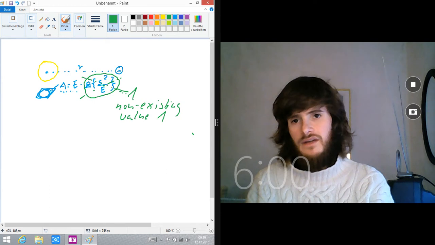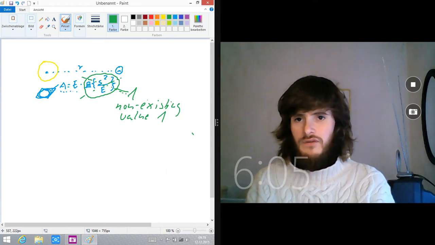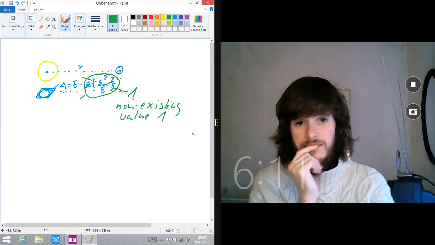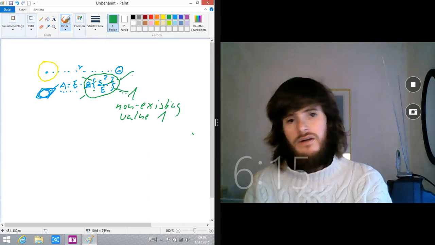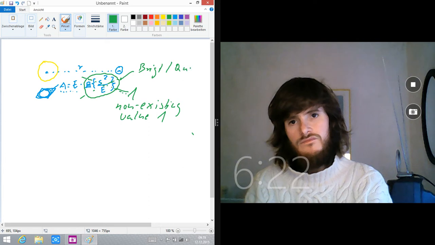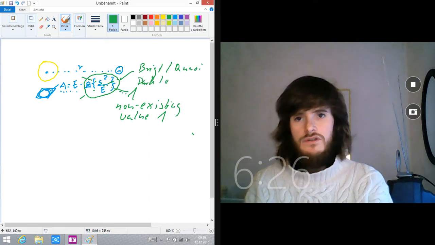Then we say it is non-existing. But for the dark energy, we do not know if it is really non-existing, because ghost parameters are bright and quasi parameters, or dark and virtual.